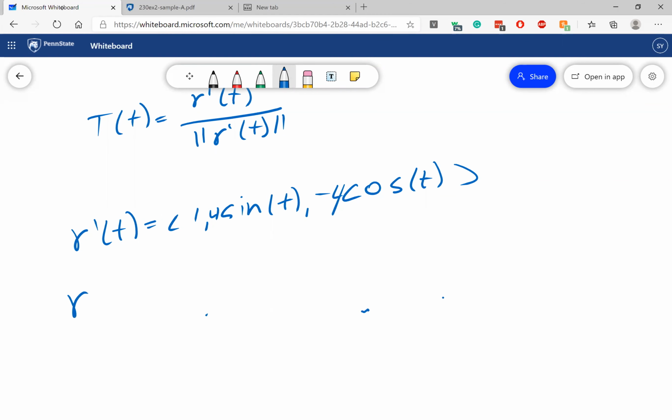And we said that the magnitude of r prime of t is equal to the square root of 17.